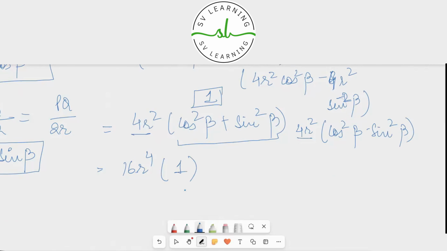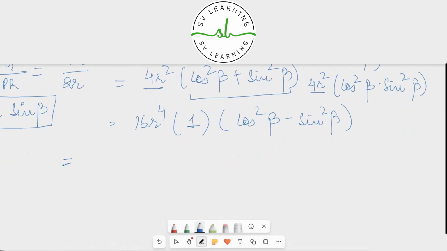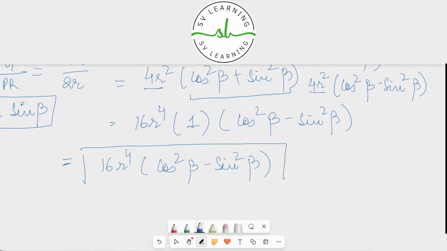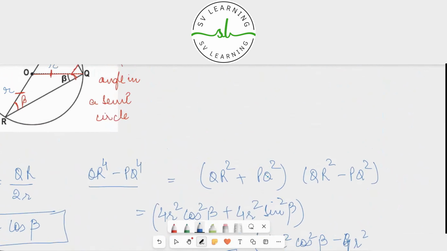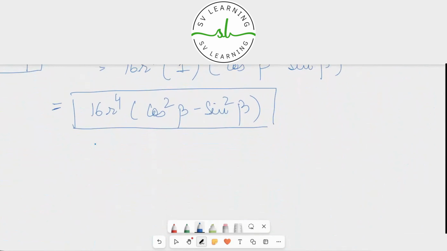That's a very important identity. And then we are left with cos square beta minus sine square beta. So now basically we get 16R to the power 4 times cos square beta minus sine square beta. So this is our simplified form of what was asked in the question, QR⁴ minus PQ⁴ in terms of R and beta.